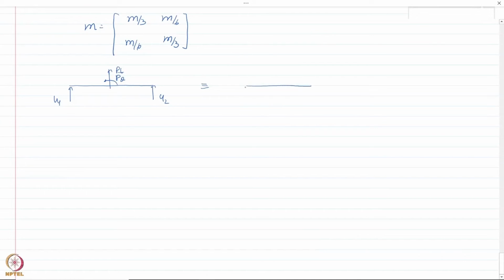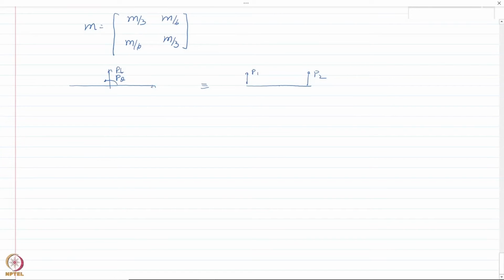Now let us say the forces P1 and P2, these two forces are equivalent. These two systems are the same systems. So in order to achieve the same thing, again we are going to write down the equation of motion for this system.